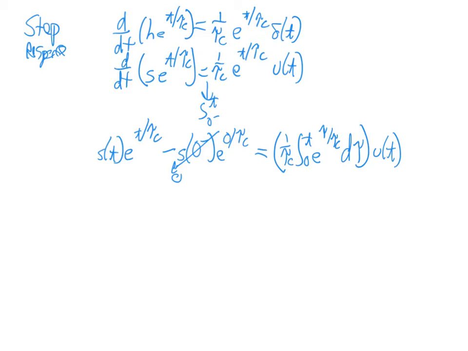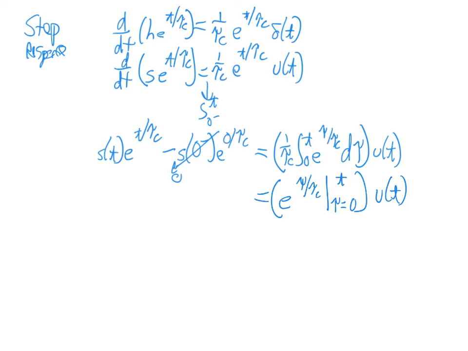When I integrate the right-hand side, I am going to have to multiply by tau c, so that 1 over tau c term disappears. What I'm left with is e to the tau over tau c, and the limits of integration here are tau goes from 0 up to t, and again this expression applies only for positive t. If t is negative, we have 0.